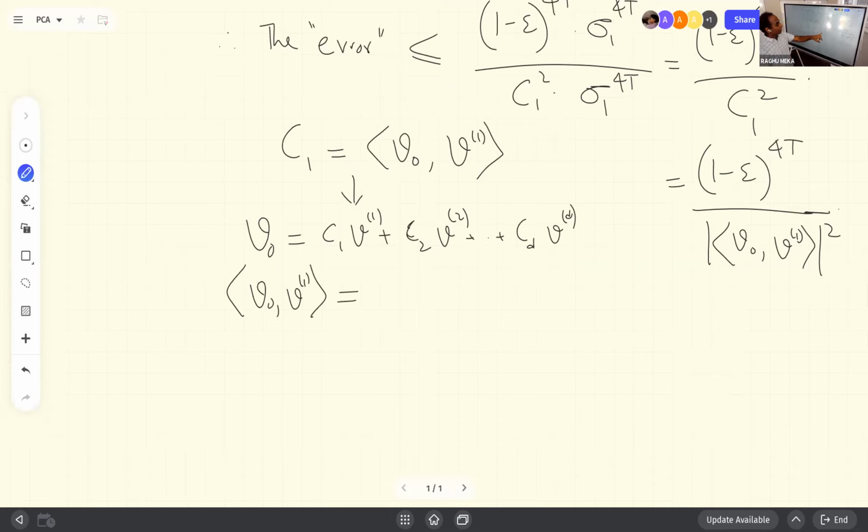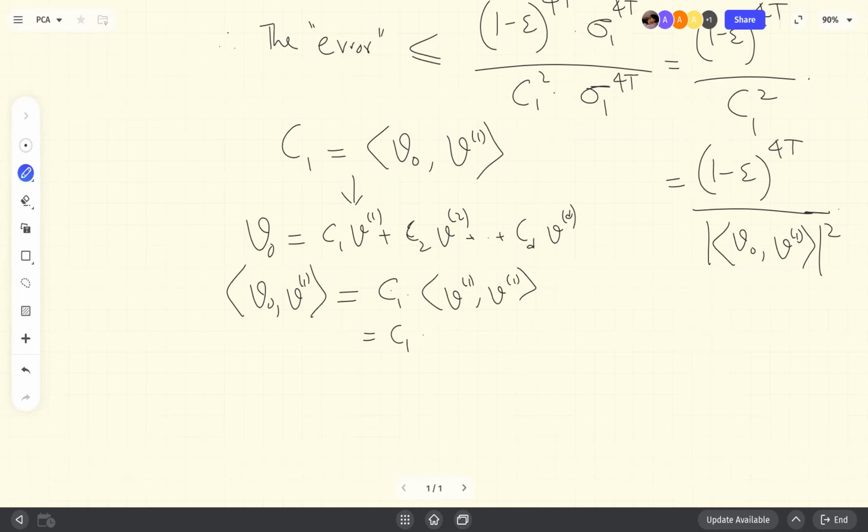All the other inner products except the first disappear, because they are all orthogonal to each other, and the first one survives. So I just get C1 times the inner product of V1 with itself, which is 1. Does it make sense? Yes. So in general, when I have an orthonormal basis, I get the coefficient in that basis by taking the inner product.